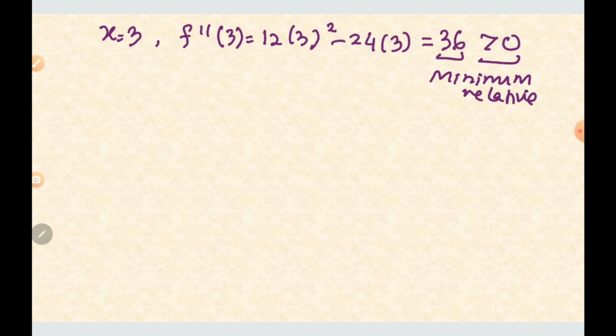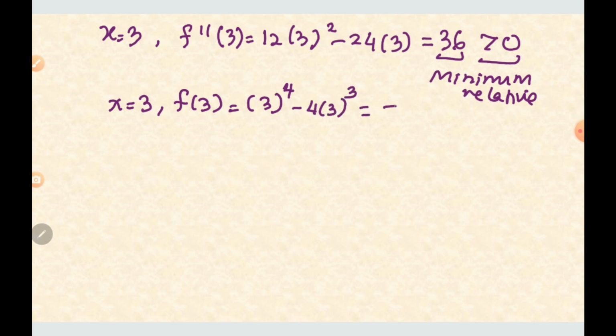Okay, so you need to find the value of y when x equals 3. When x equals 3 means f of 3. f of 3 means you have to substitute 3 into the function f(x), and you will get 3 to the power of 4 minus 4 times 3 cubed, and the answer is negative 27.